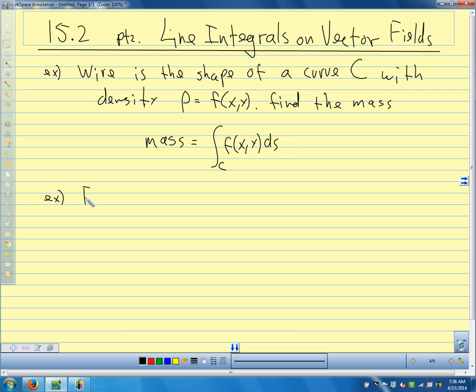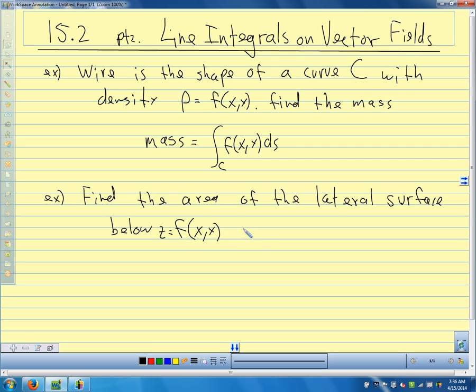How about a problem that says find the area of the lateral surface below z equals f of xy, above curve C in the xy plane.